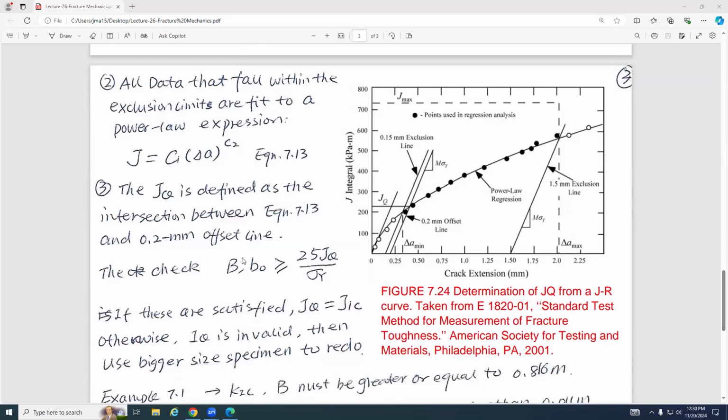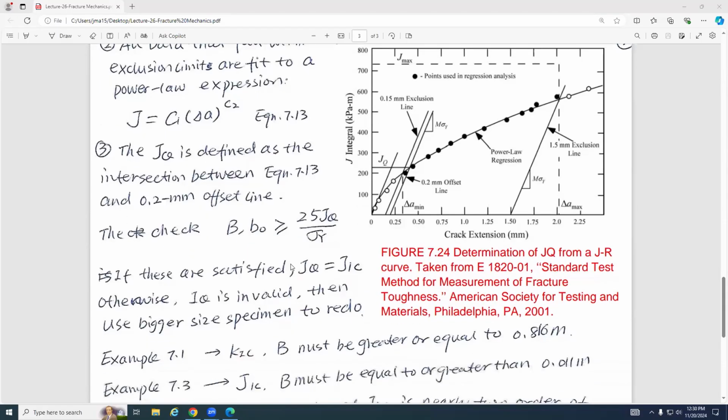If this inequality is satisfied, we assign JQ to JIC. And you can just tell your boss that these experiments are very, very successful. I get the JIC for you. That's JQ. This experiment is very good. However, if this inequality is not satisfied, JQ is not valid, and then you need to use a bigger size specimen to redo.